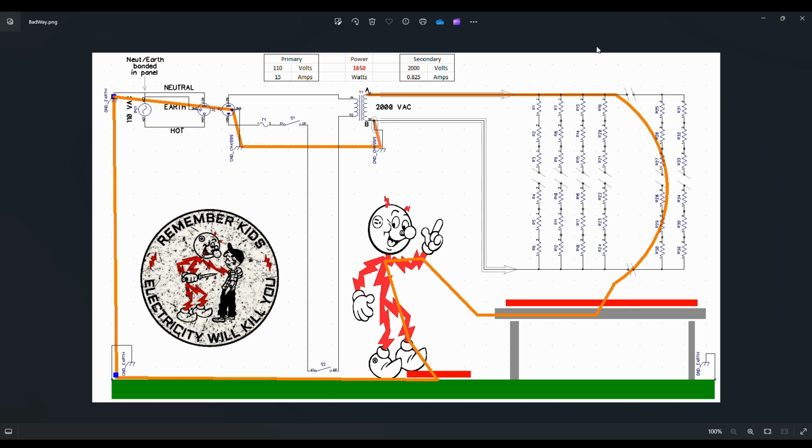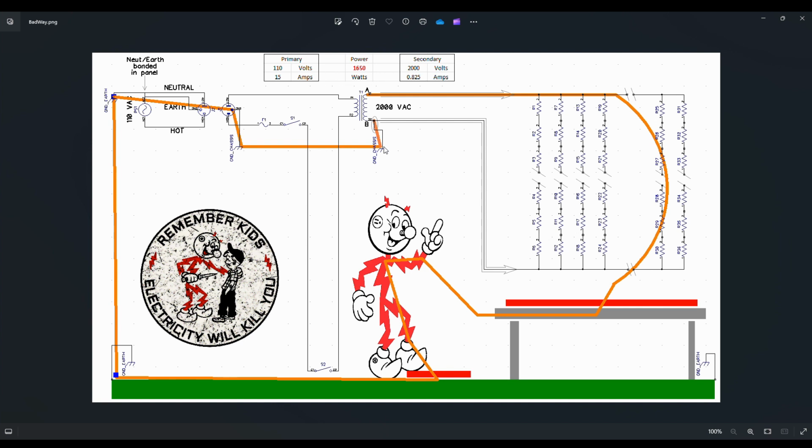Okay, so let's take another look at this, the same circuit diagram as the previous video, but I've done a little bit better job here of showing the one of many potential bad current paths. And the root cause of it right here is this connection.